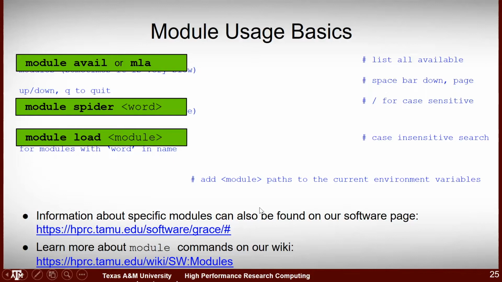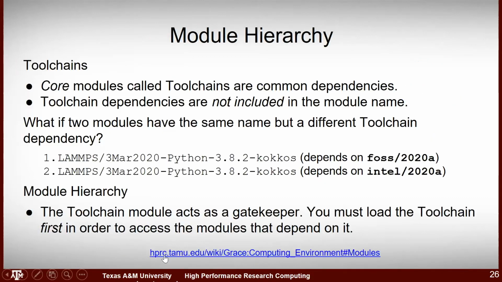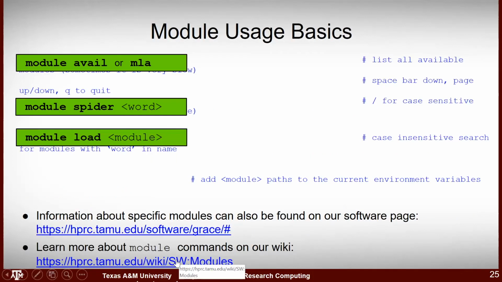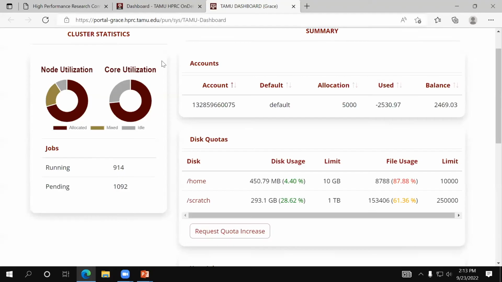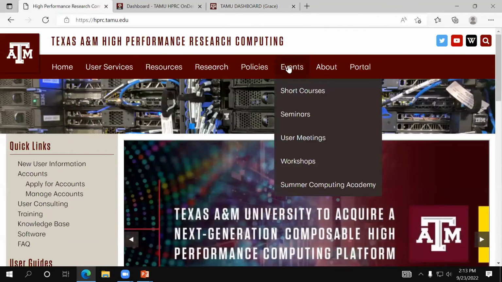If you want to read about what modules are available, we have a web page for that. So we have a web page for learning about module commands. That's this one, Wiki Software Modules. I'm going to go investigate it now.